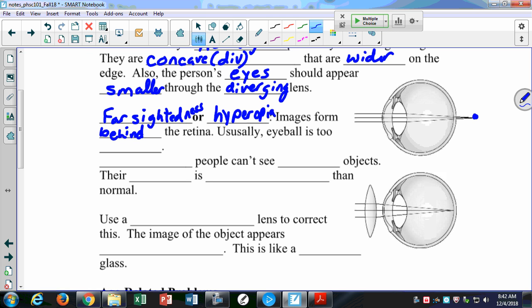So that means that before your eye was too long, now your eye's too short. There's nothing wrong with you. It's not like you have a disease or anything. It's just how your eye forms. So usually the eyeball is too short. Farsighted people can't see near objects. Their near point is farther away than normal.